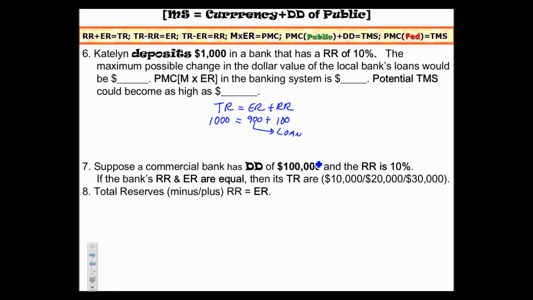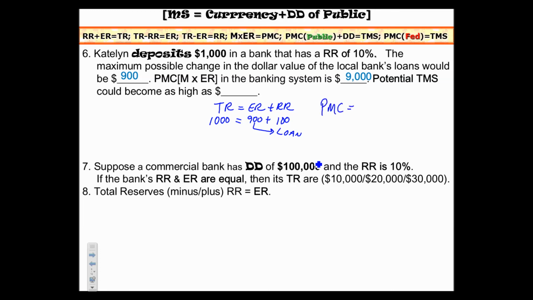So the dollar value of the bank's loans is going to be $900. Now, if that bank and then subsequently every recipient of every loan deposits the loan, and every other bank also maximizes their loans, then potentially new money in the banking system could be as much as 9,000. Why do we know that?